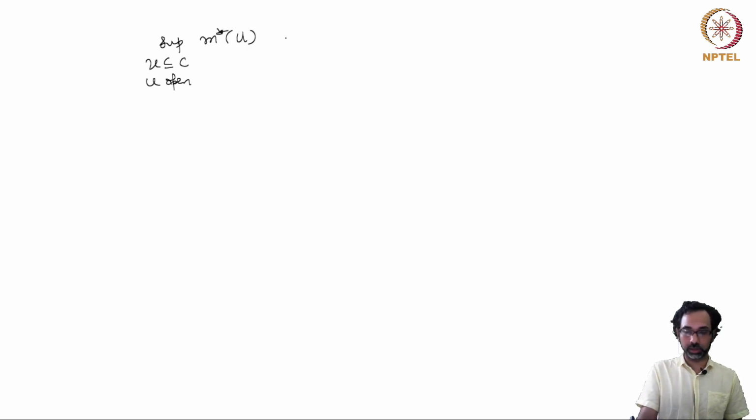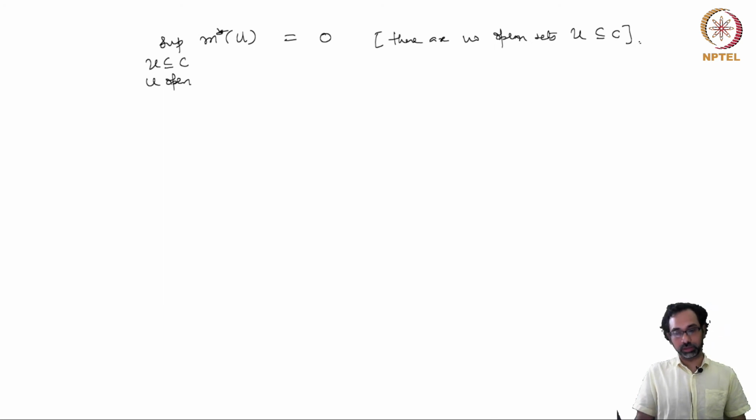Now if we take the supremum over open sets U inside C of m star U, then we will get 0, because there are no open sets U sitting inside C, except of course the empty set.